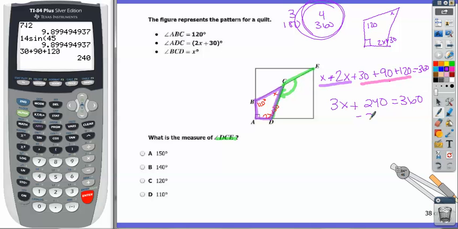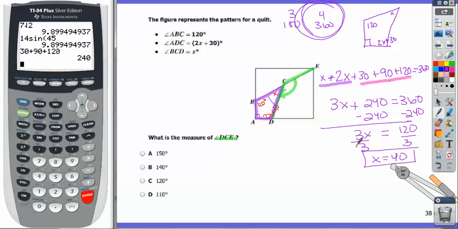So I'm going to subtract 240 on both sides, divide by 3, and x equals 40. I can solve that in my calculator again if I wanted to.